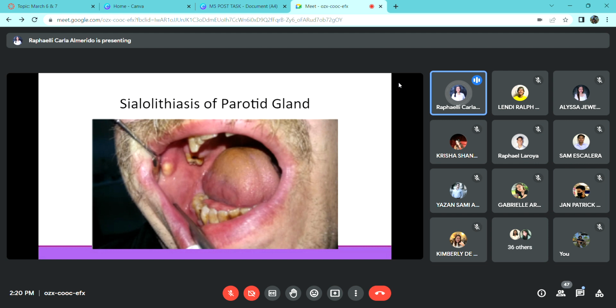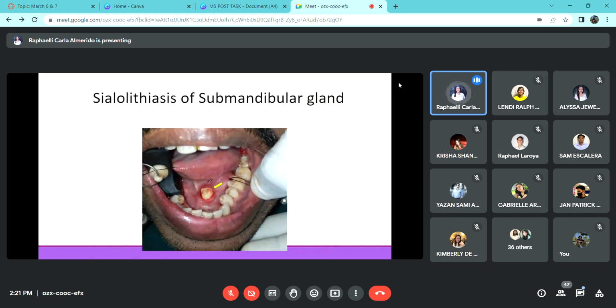Comparing sialolithiasis versus sialadenitis: sialadenitis is a medical term for the inflammation of one or more of your salivary glands. And this is an example of sialolithiasis of your submandibular gland.